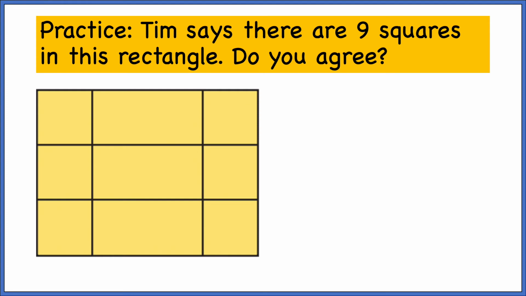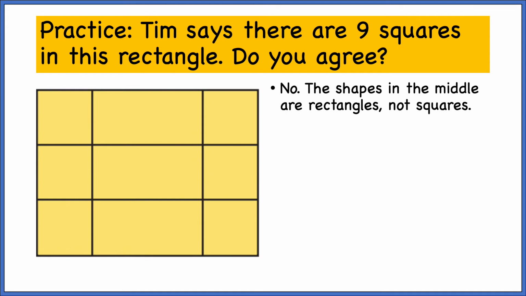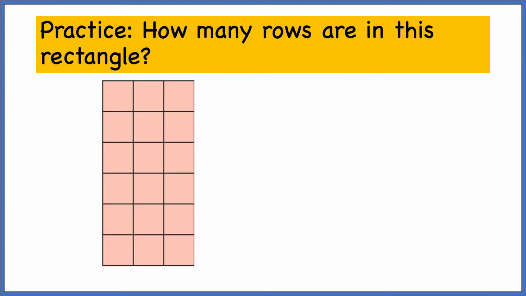Let's practice. Tim says there are 9 squares in this rectangle. Do you agree? No, the shapes in the middle are rectangles and not squares. Let's practice more. How many rows are in this rectangle?